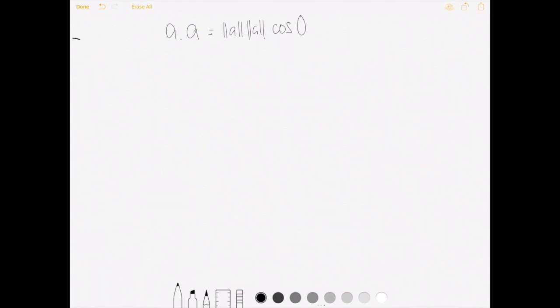And cos of 0 equals 1, so we've just got the magnitude of A squared.